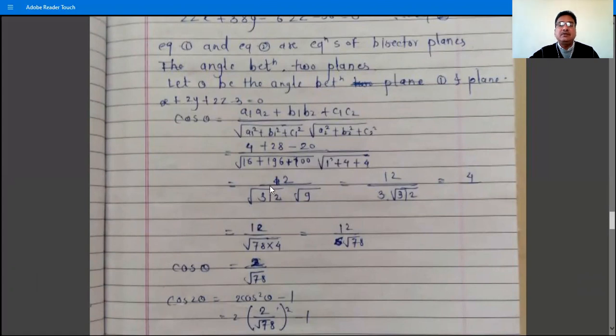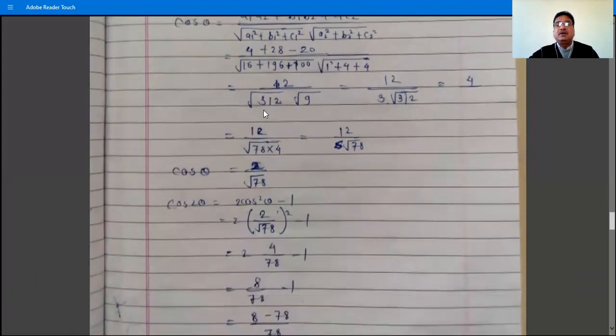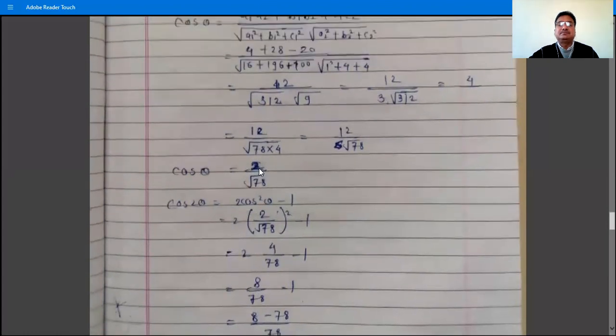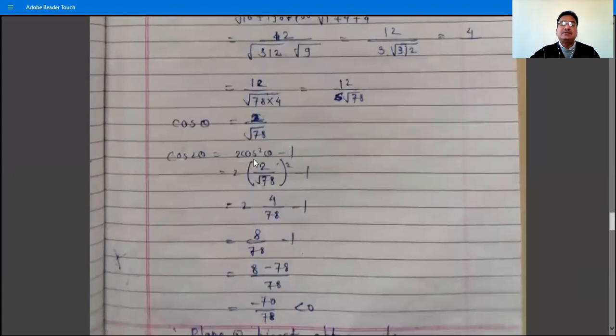Therefore we have the answer 12 divided by root 312 into root 9. That simplification is 12 by 6 root 78, that is, 2 by root 78. So this is the simplification of cos theta.